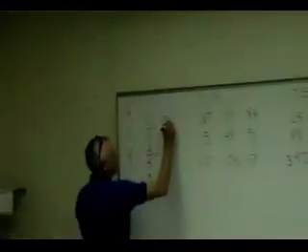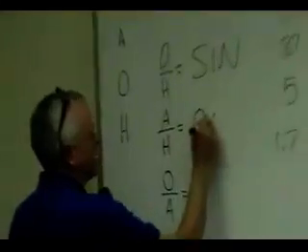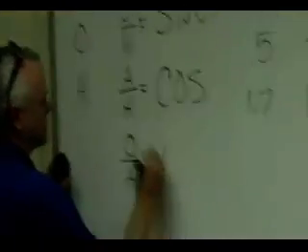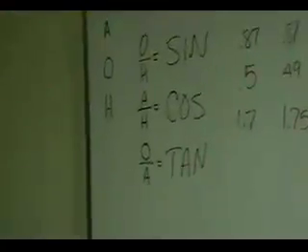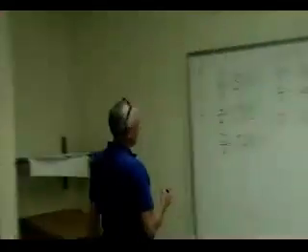Sine, cosine, tangent. Those are their three names. They're called trigonometric ratios. Okay? Those are trigonometric ratios of angles.